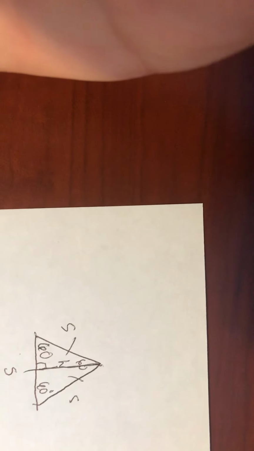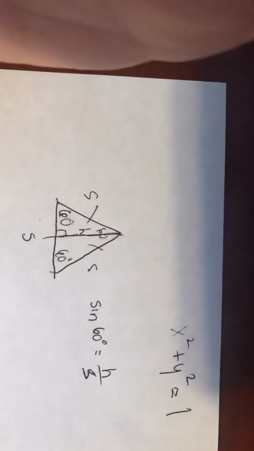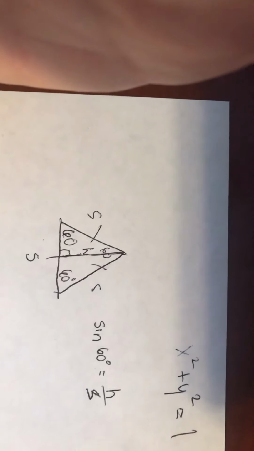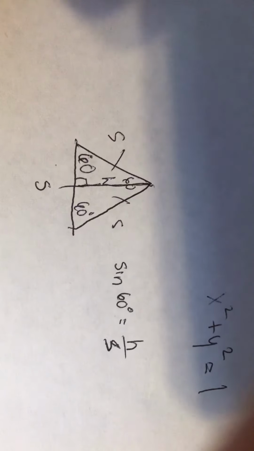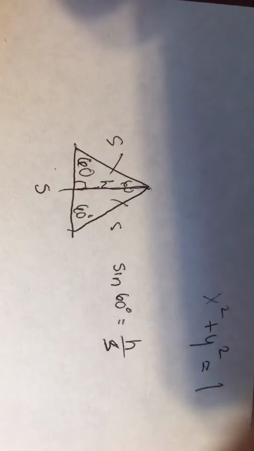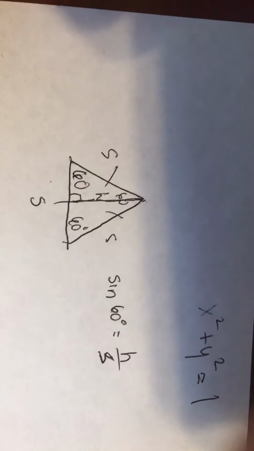Now, what would the height of this be right here? Anybody know? You can find it, right? Because the sine of 60 degrees equals H over S. Anybody offhand know what the sine of 60 degrees is? If you don't know, plug it in your handy dandy calculator. Square root of 3 over 2.